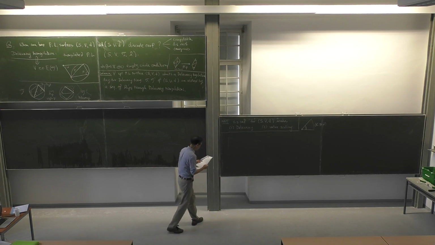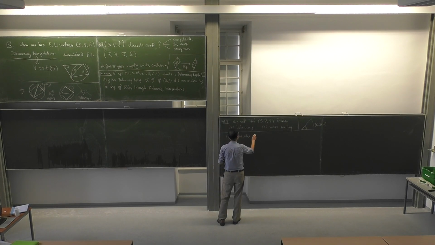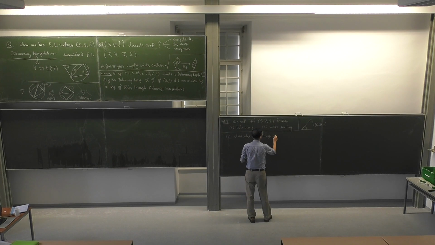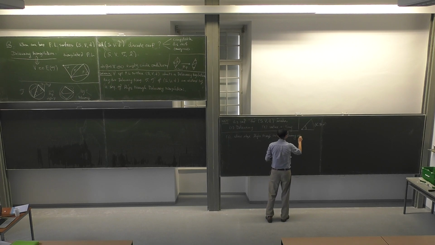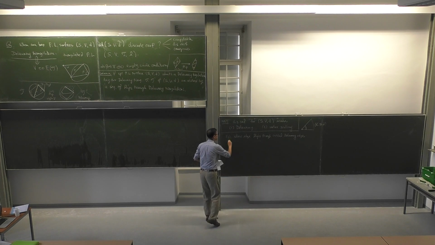So what do we mean by this? One means that we allow edge flips to critical Delaunay edges. And two is the vertex scaling.